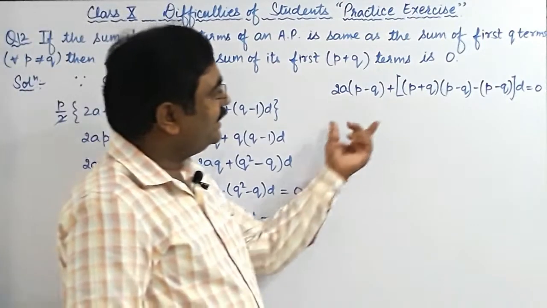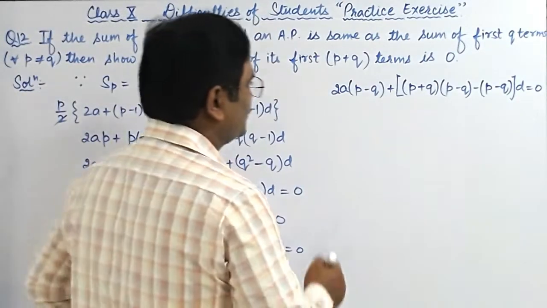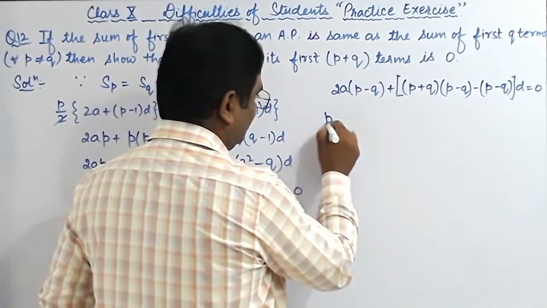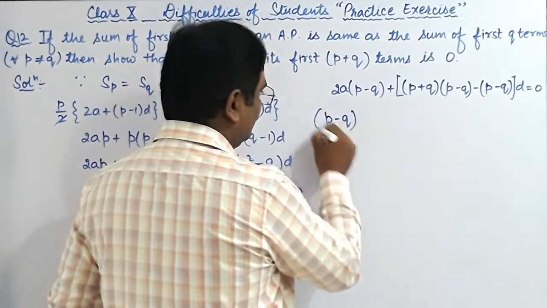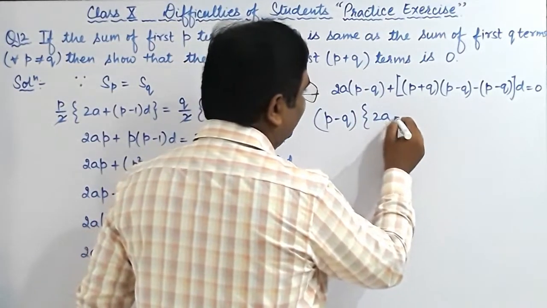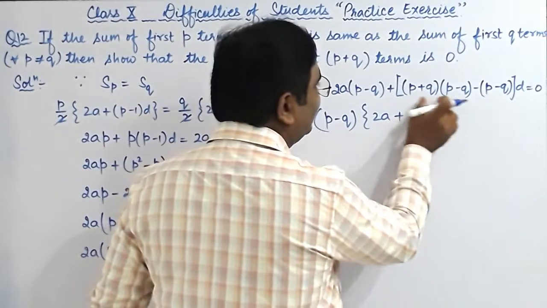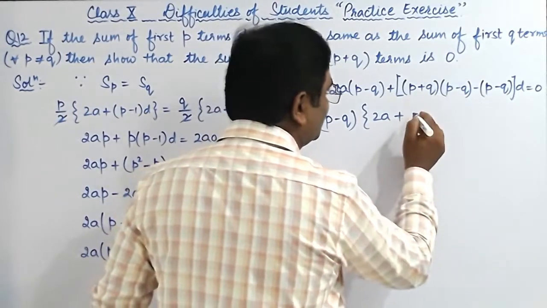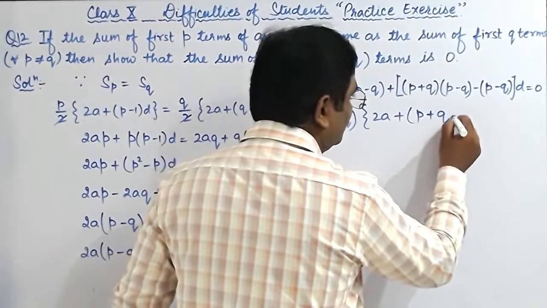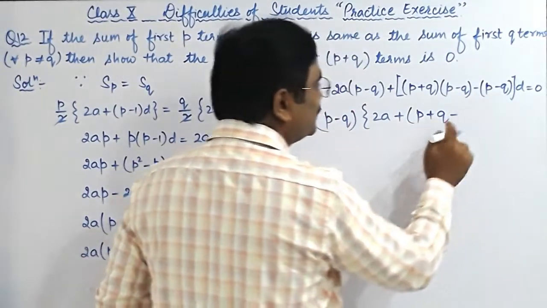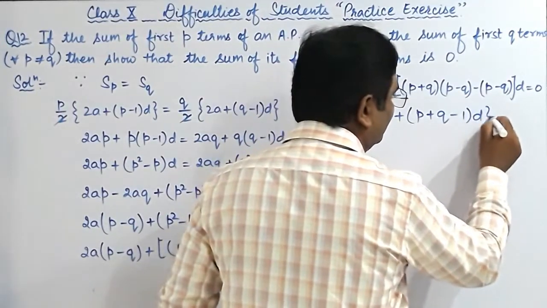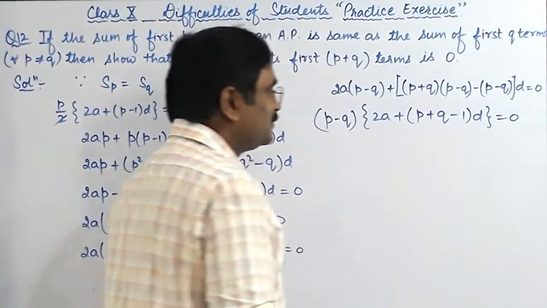Now we can take p minus q as common from all of this. Taking p minus q as common, you will get 2a plus, here p minus q is common so p plus q is remaining, minus, here p minus q is common so 1 is remaining, into d equals 0.